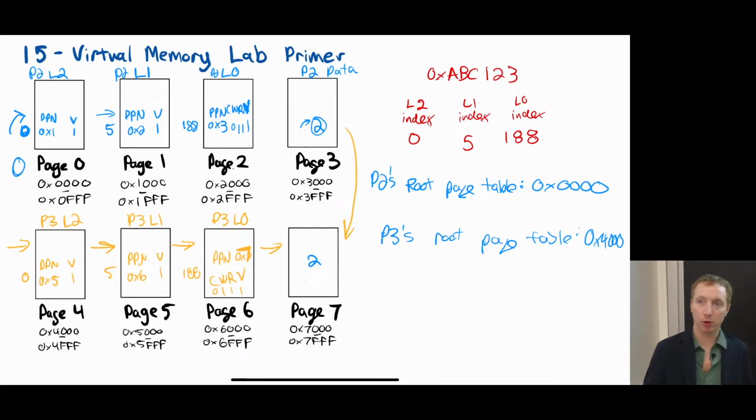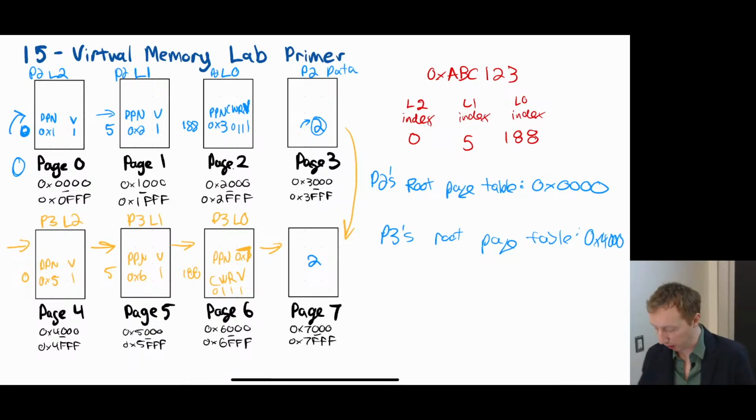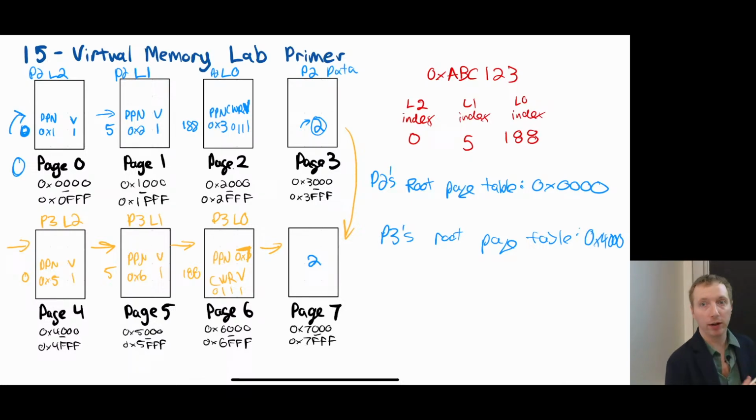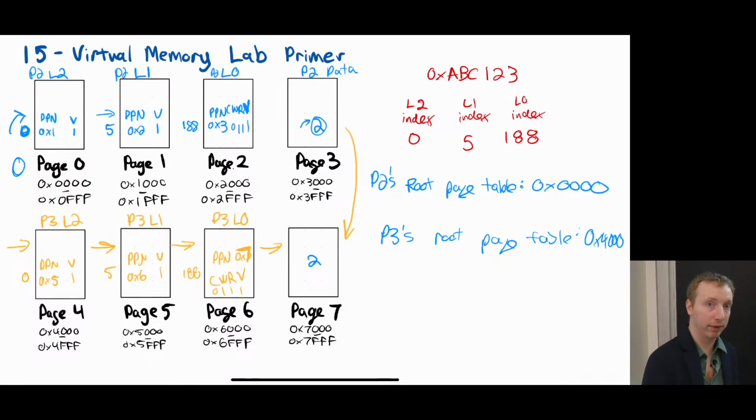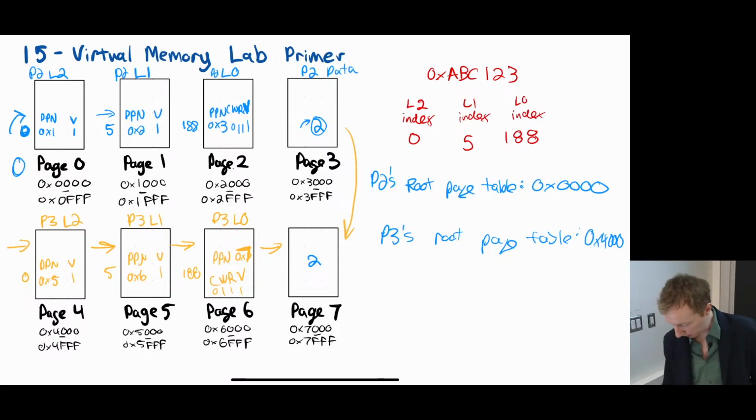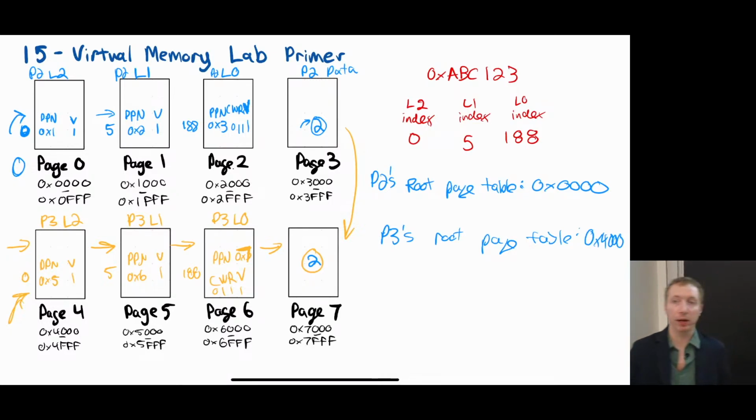So this 2 would change to 3 or 4 or whatever, and it wouldn't affect process 3. And now if we switch back to process 3 and access the same virtual address, because we have to follow the new set of page tables to figure out what memory to change, it would change this, which is independent of the other one. Good?